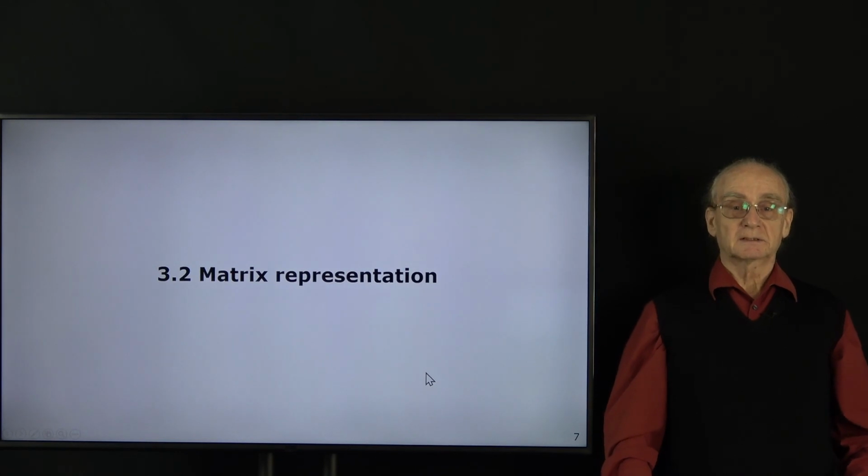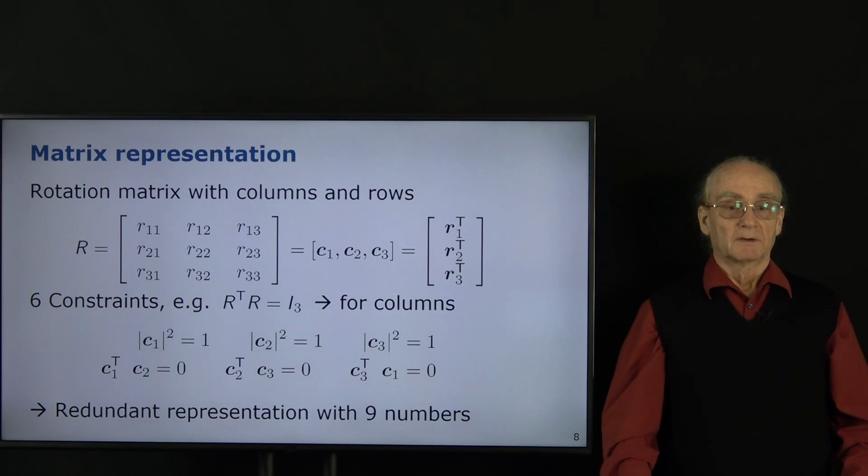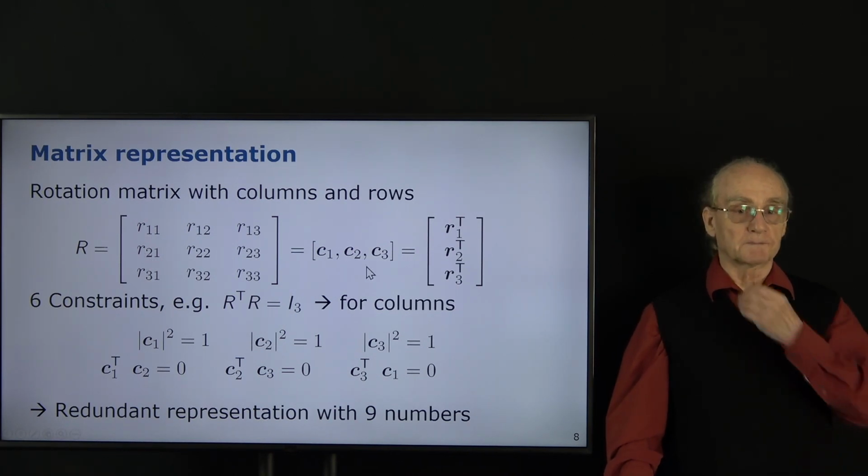So let's start to look at the matrix representation of rotation. So we have a rotation matrix with its 9 elements, and we can either group them in columns or in rows. So we have 3 columns and 3 rows.